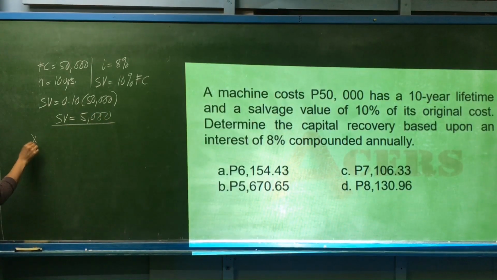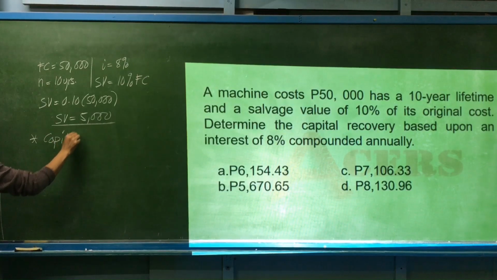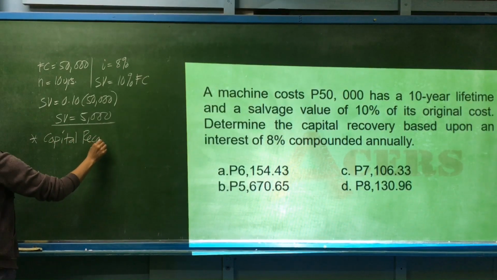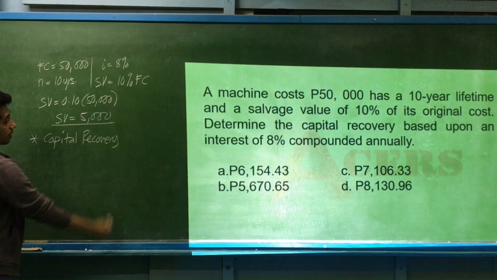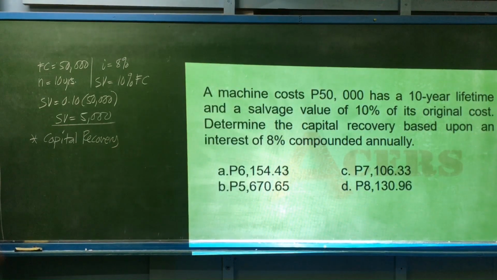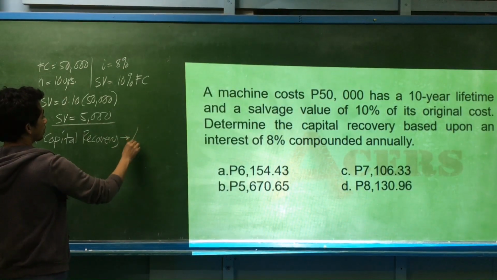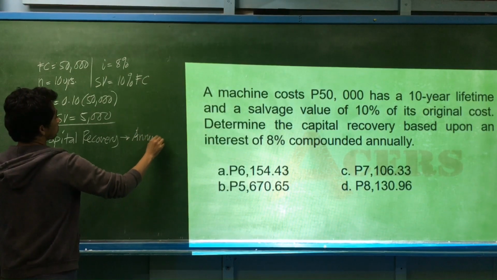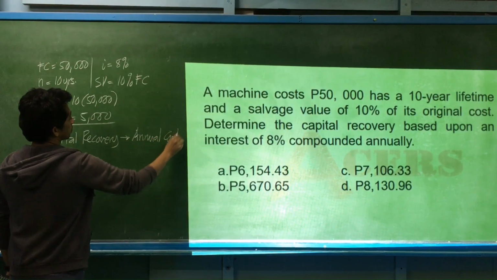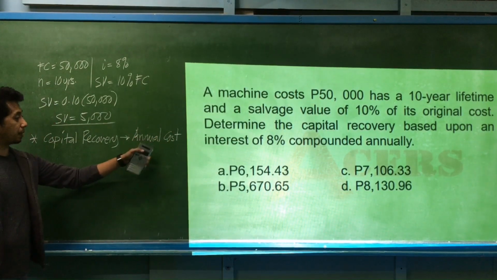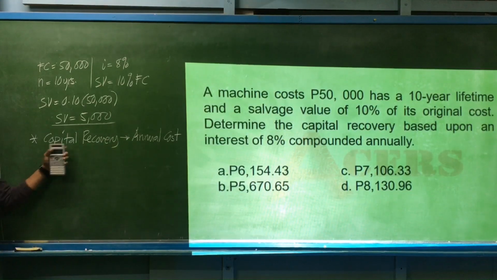So capital recovery. So based sa pagkakaintindi ko yung capital recovery, the same lang sila sa concept ng annual cost. Okay, kung ano yung nawawala, dapat yun yung mapalabas mo para ma-recover yung capital.